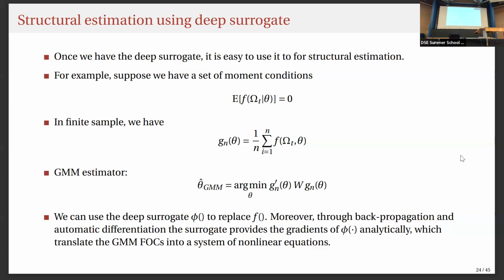The nice thing is that because now we have neural network representations of these moment functions, you can take advantage of back propagation and automatic differentiation techniques to evaluate the gradients of these statistics very easily. So effectively this translates into a minimization problem in terms of a system of nonlinear equations, which may give you some additional savings in computation.